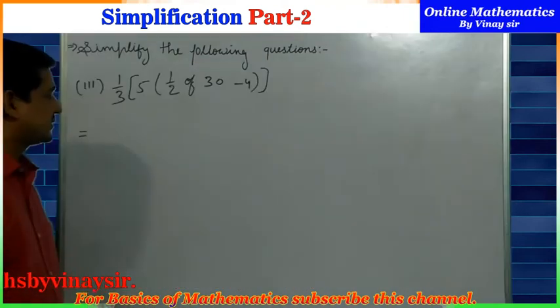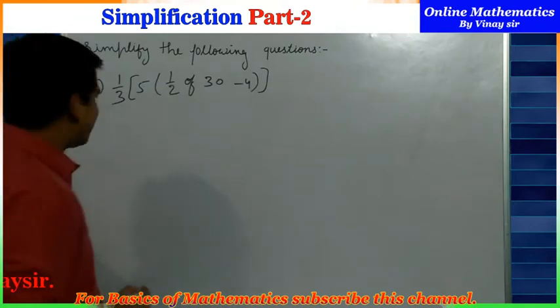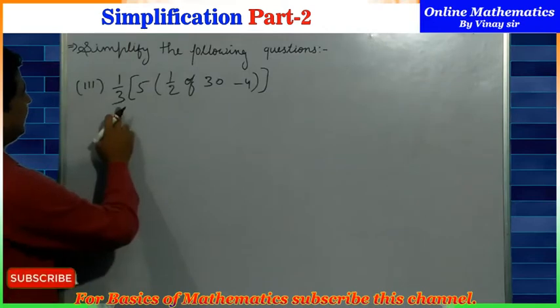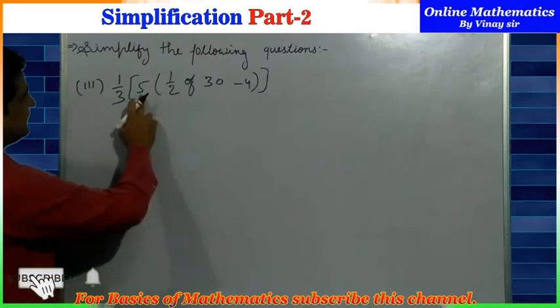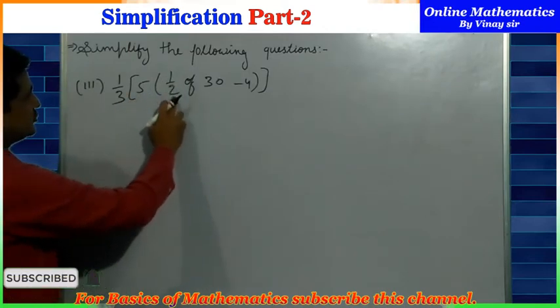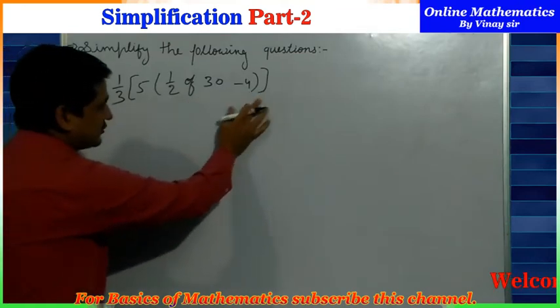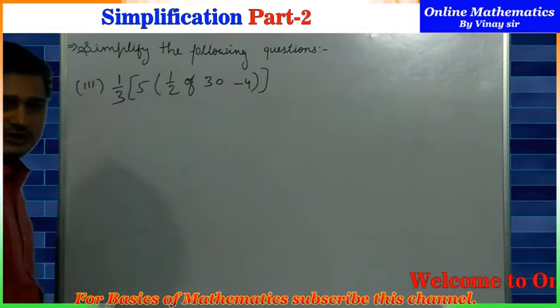Students, the next question that we are going to take is question number 3: 1 upon 3 into bracket 5 small bracket 1 upon 2 of 30 minus 4 small bracket close, large bracket close. Let's see how we can solve this question.